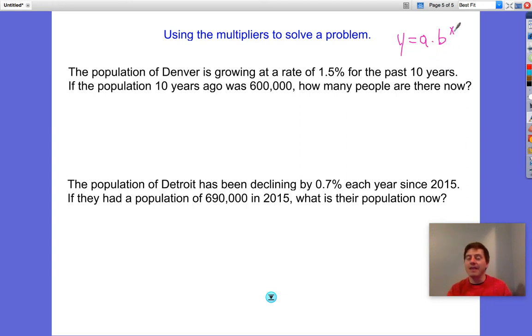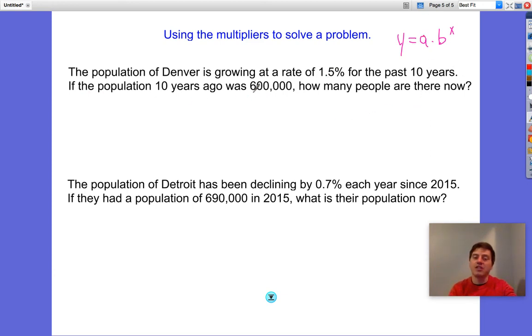So y equals a times b to the x. And we know this is a starting value and this is a growth factor. Now, this growth factor, when you see percentages like this, it's going to be the multipliers that we just talked about, and we're going to have to find them. And then hopefully we've got some other value that we can use for the starting value.